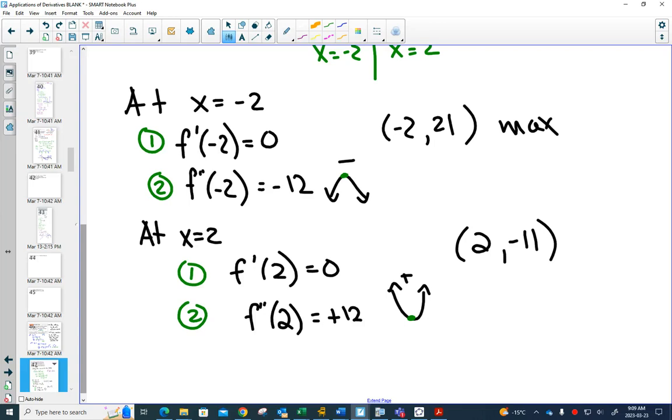If we get the coordinates wrong, you're not going to care, but hopefully the mental math is right. This, by the second derivative test, is a minimum.